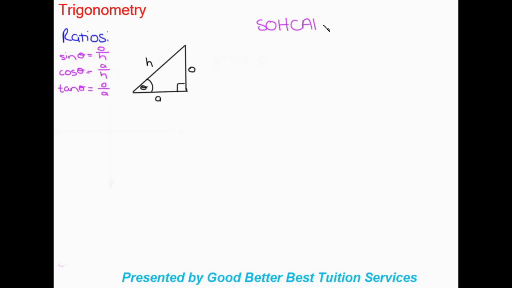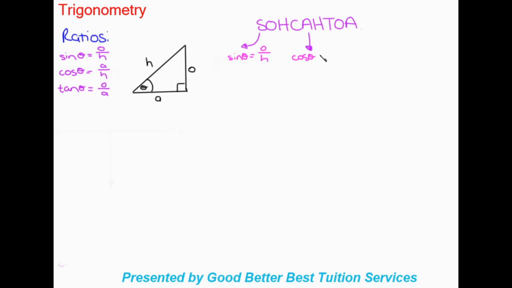Cool. So what SOHCAHTOA is basically saying is, this S over here stands for sine theta. So we write in here sine theta is equal to opposite over hypotenuse, that O and H, right? So that's opposite over hypotenuse. Then for CAH, the C over there stands for cos theta.